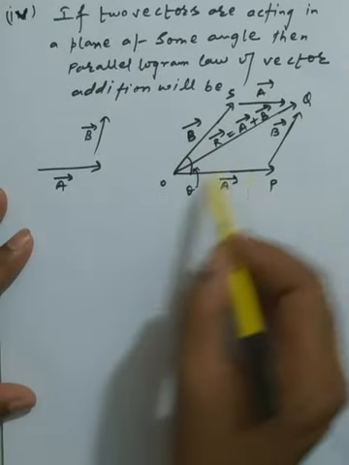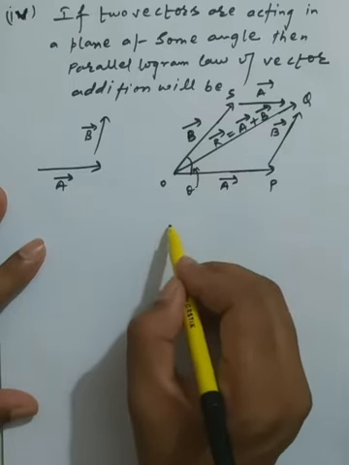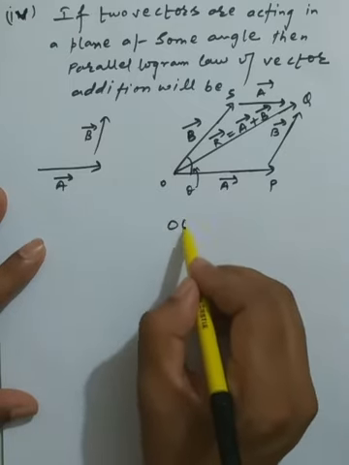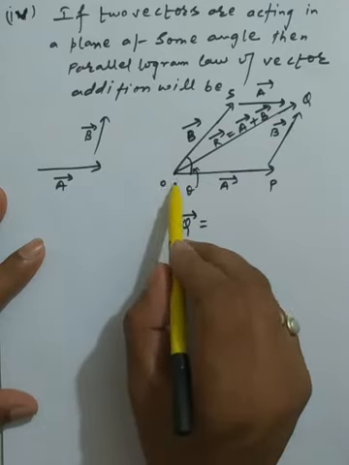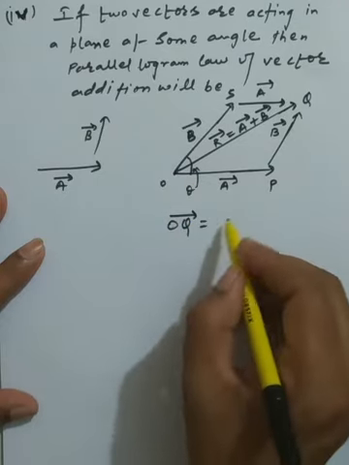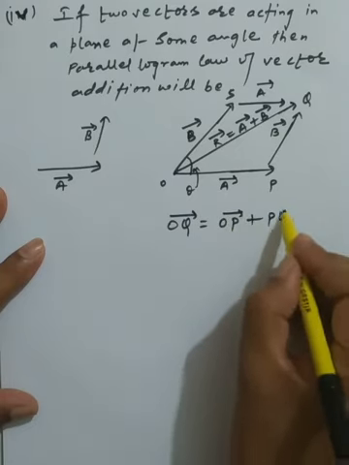As we are getting the addition of the two vectors, we are choosing the triangle that is called the OQ vector. This is the part of the resultant we have. So we are starting the calculation from O to P, head and tail method: O to P vector plus P to Q vector.